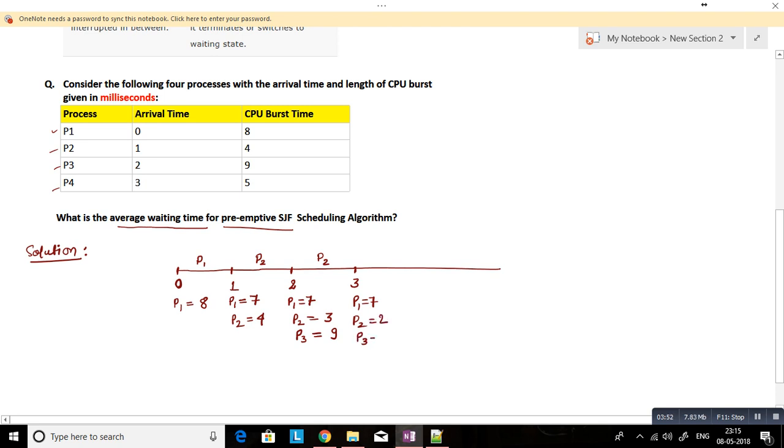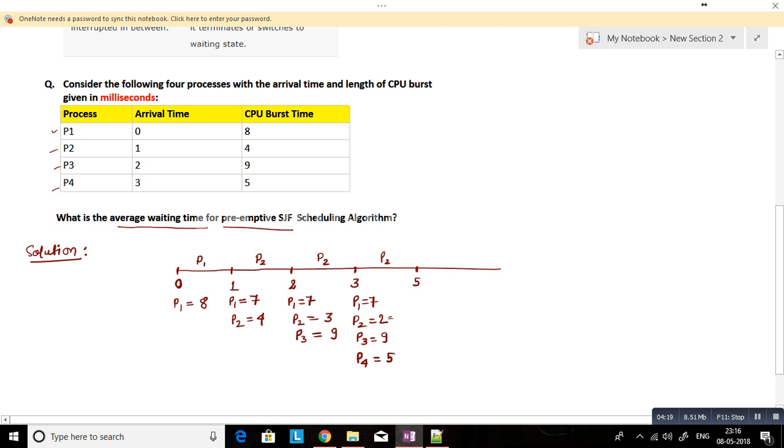Now P4 arrives at 3, so it is 5. Now which one is shortest? P2 is still shortest, so P2 is executing. It is executing up to 5, meaning 3 plus 2, 5.